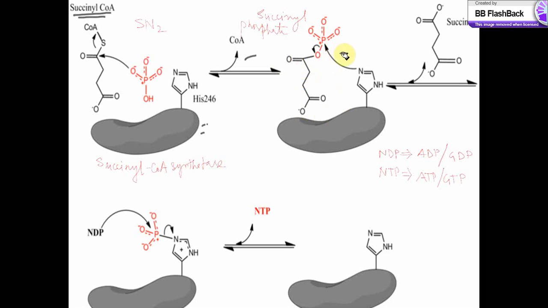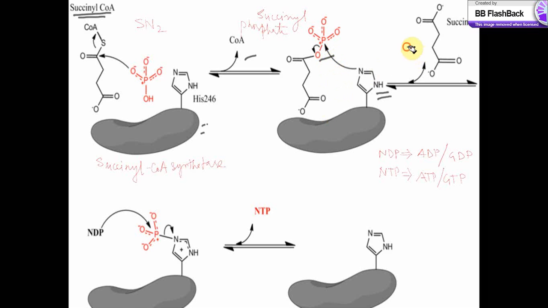Okay, and now after this coenzyme A has left, this histidine residue of the enzyme's active core will come into play and will attack this phosphate group and break the bond between the succinate molecule and the phosphate group.